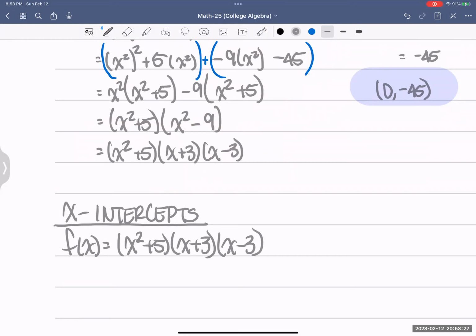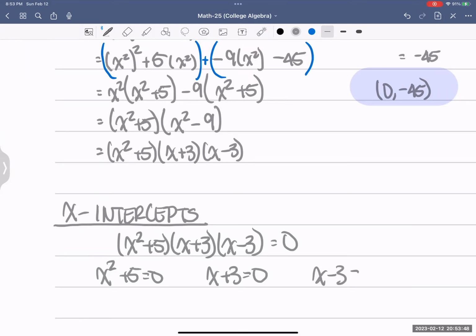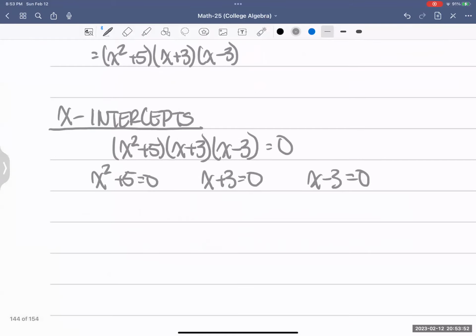We're setting our function equal to 0 and seeing what our intercepts are. Our function is equal to 0 when the first part, x squared plus 5, equals 0, the second part, x plus 3, equals 0, or the last part, x minus 3, equals 0.